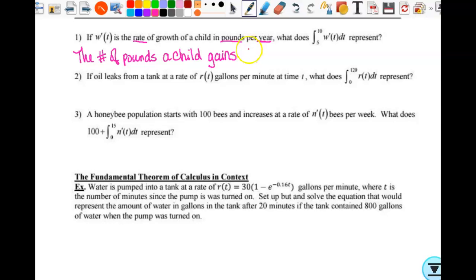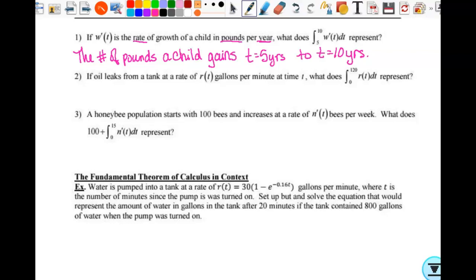So we would say from t equals 5 years to t equals 10 years. And I think saying what you said would probably be fine, from 5 to 10 years old. Kind of the same thing. Usually we'll put a t equals type of thing on there. So that's your accumulation. They accumulated that amount of weight from 5 to 10 years, right?